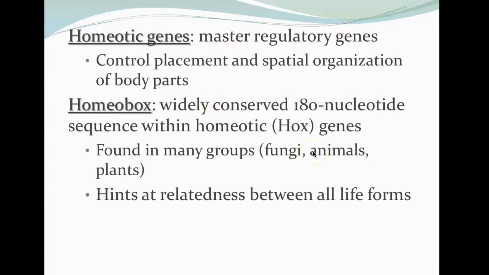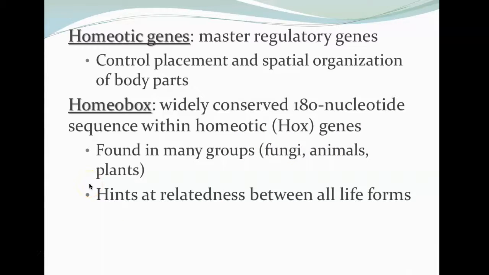So what I need you to know, the words widely conserved, that means that it has stayed the same in all of these groups of organisms, fungi, animals, and plants.